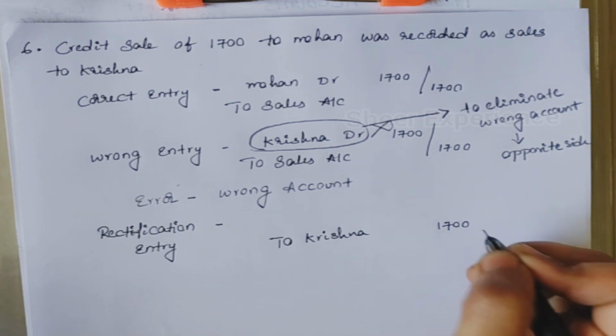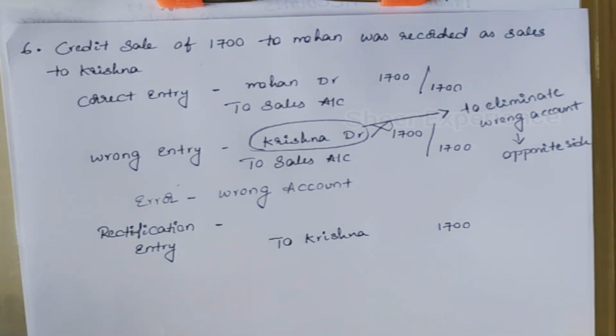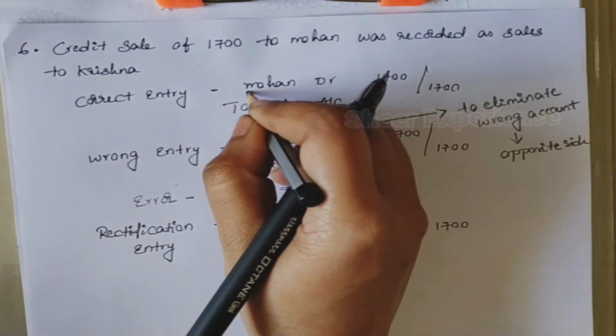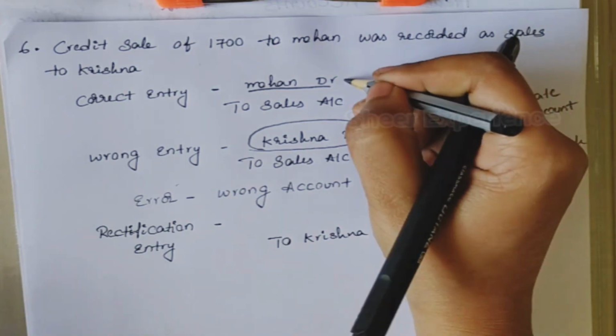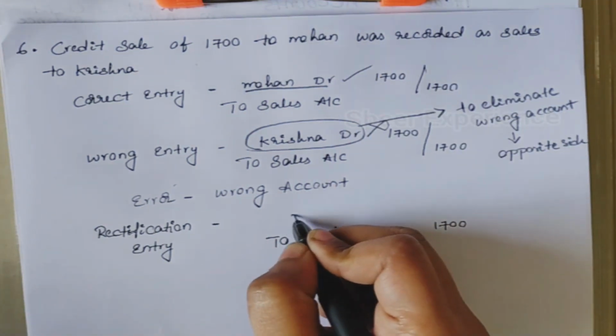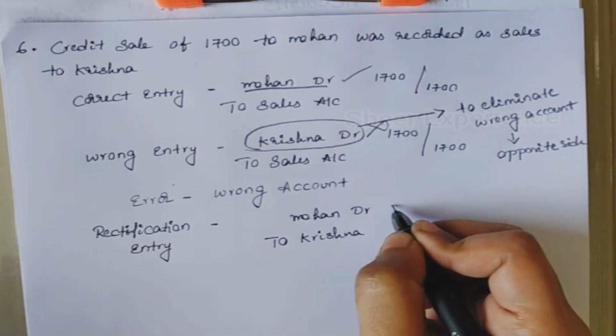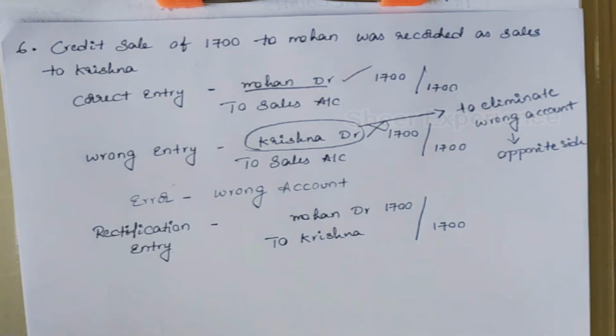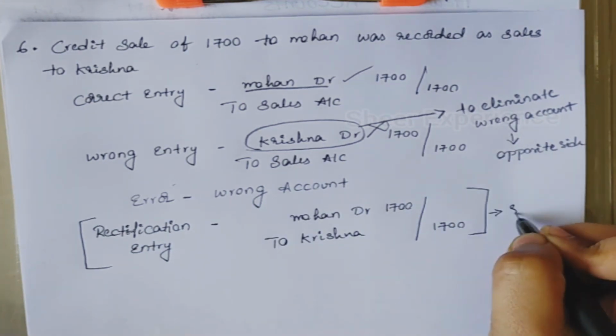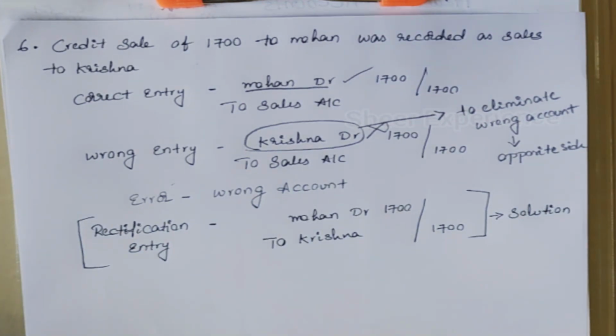Amount is 1,700. Mohan account is the correct account and it is debited. Even in the rectification entry, we will debit Mohan. Amount is 1,700. We don't have to rectify sales account because it is already credited with correct amount. The rectification entry is the solution.